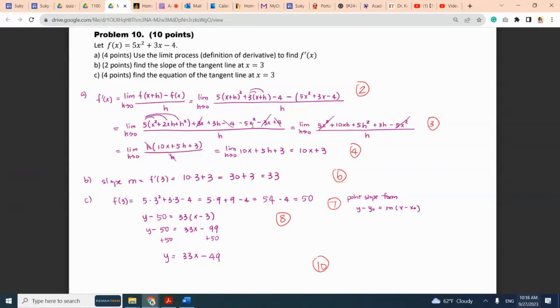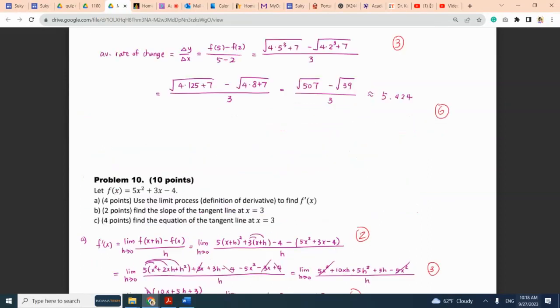You get 10x plus 3. Okay, everybody? And your slope. Slope is you plug in x is 3 to this function, right? So we get slope is 33. And the tangent line, you find the y coordinate is 50. Then you can use the point slope form. y minus the y coordinate equals the slope times x minus the x coordinate. And then you solve for y. Okay, everybody?